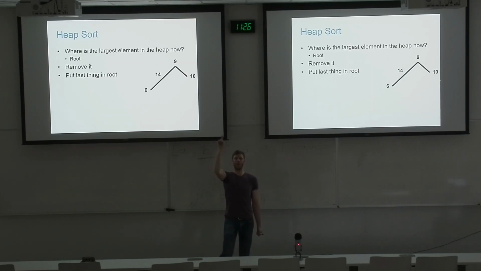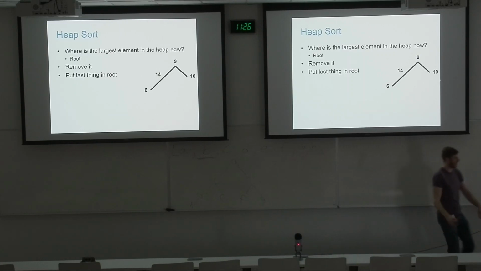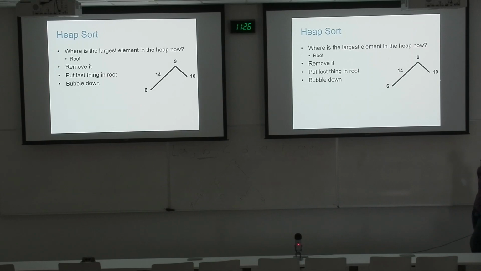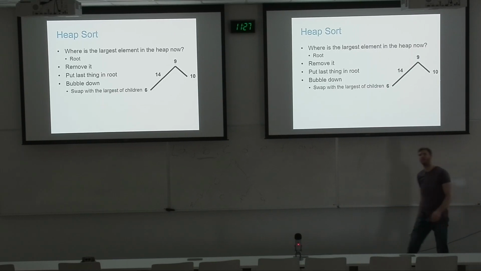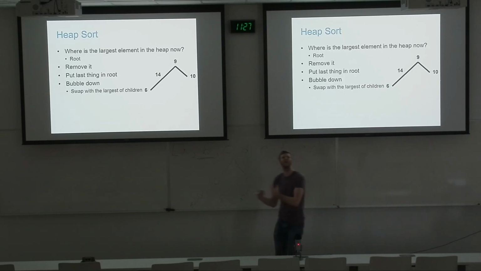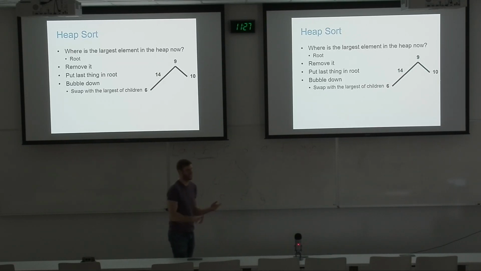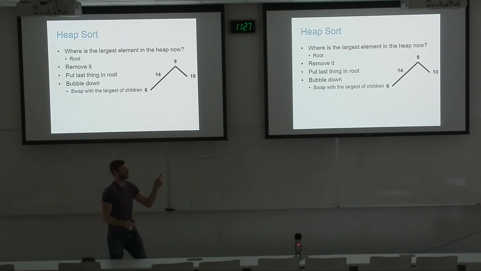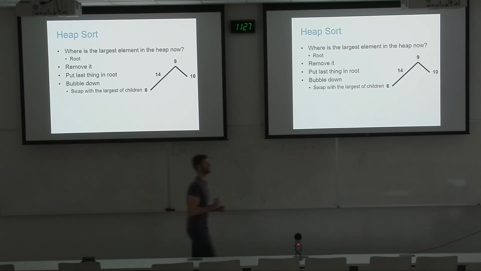Now, we have to bubble things down. All we have to do is compare to the left and right child. Swap the largest of the children. So I compare 9 to 14 and 10. Well, I swap with the bigger one because I want to make sure the biggest thing's on top. So I swap the 14 and the 9.